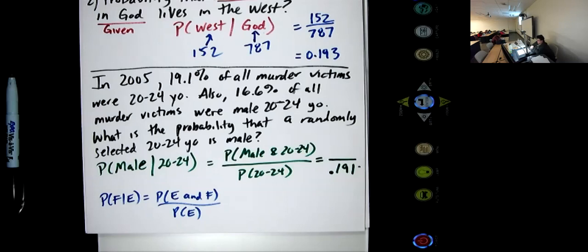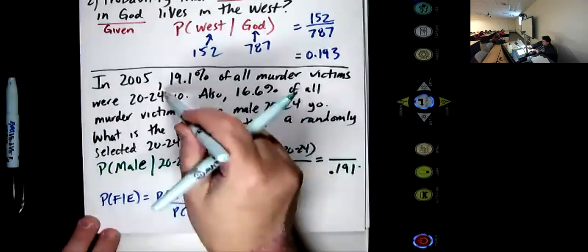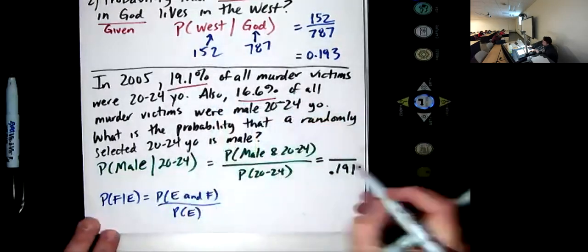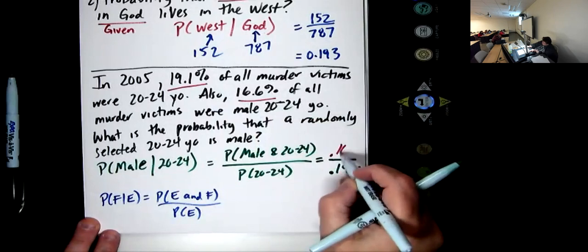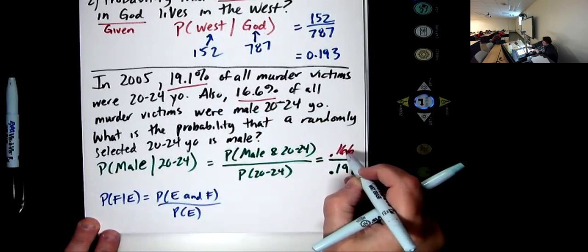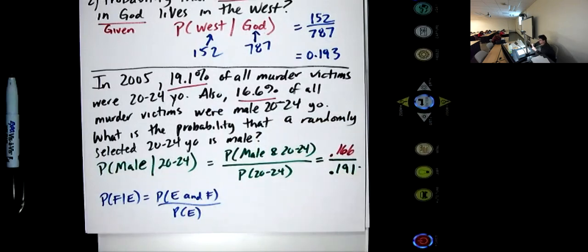Then do we know how many of them were male and 20 to 24 years old? Yes, we do. It was the 16.6%, right? And as a decimal, we move it left twice.